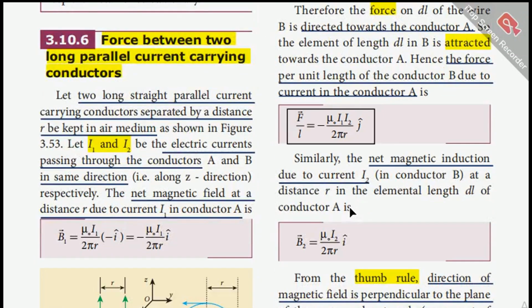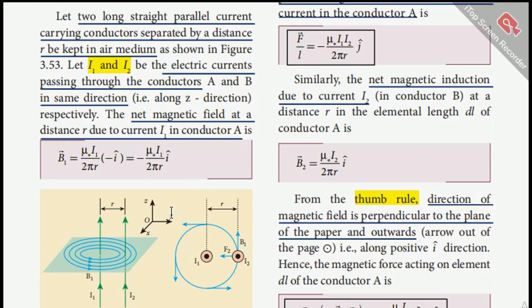Then we are going to study the force between two long parallel current carrying conductors. For that, let us consider two long straight parallel current carrying conductors separated by a distance r, kept in a medium as shown in this diagram. I1 and I2 are the electric currents passing through the conductors A and B in the same direction, that is along the Z direction.